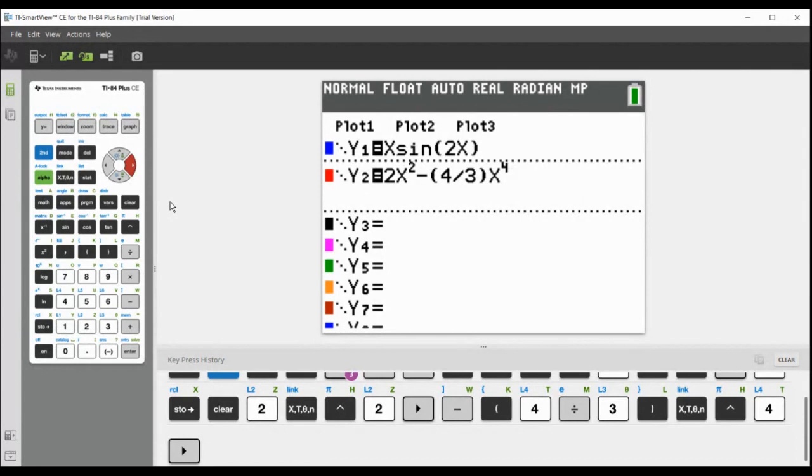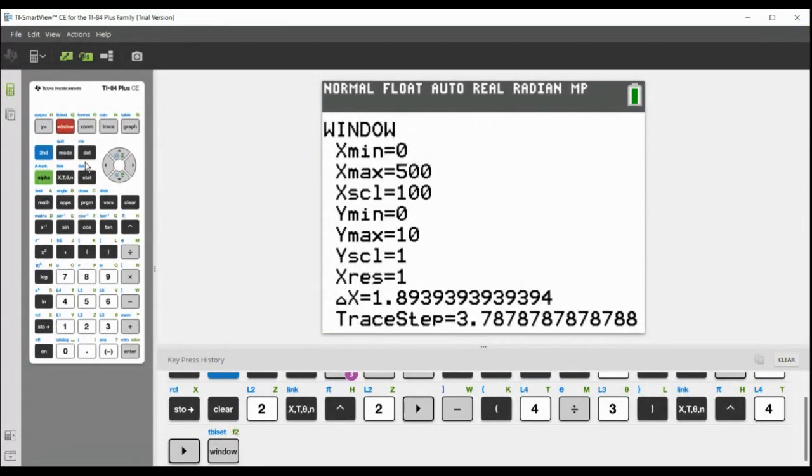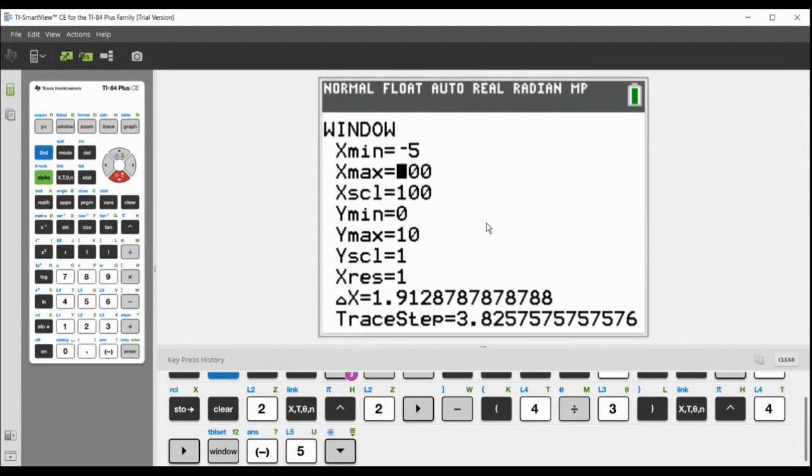I want to look at my function and the fourth degree Taylor polynomial and get a visual feel for the function and its polynomial approximation. So on window, maybe I'll go from -5 to 5.